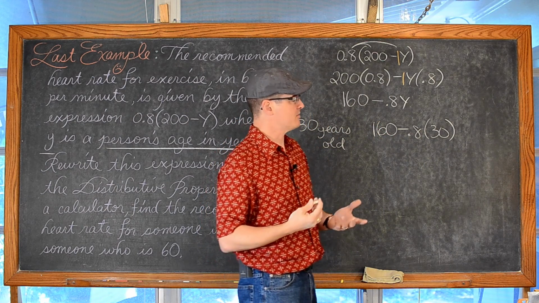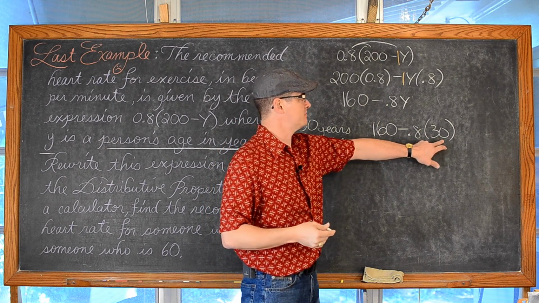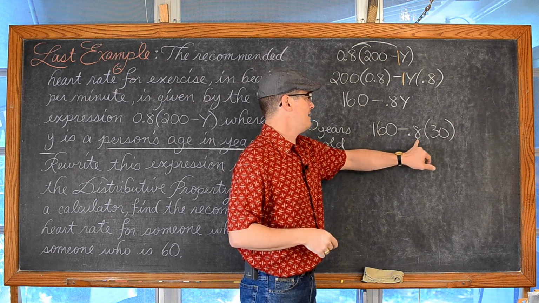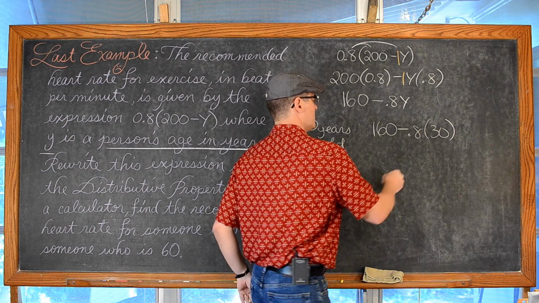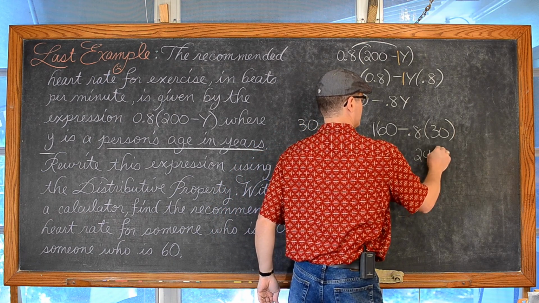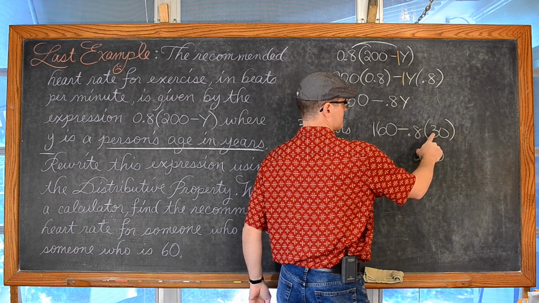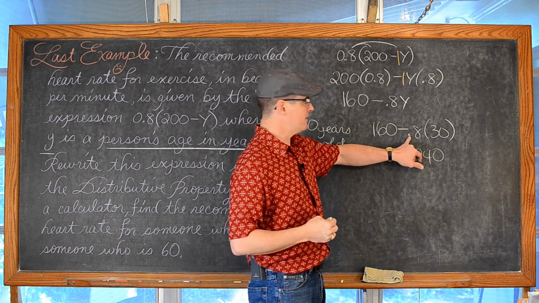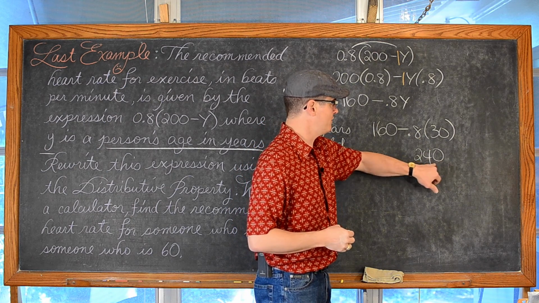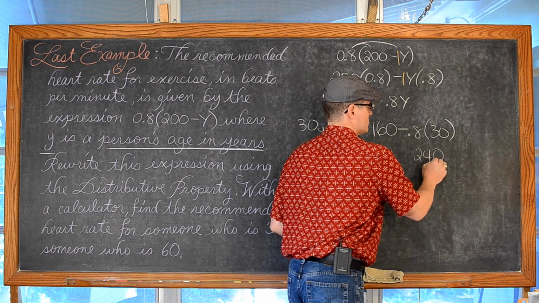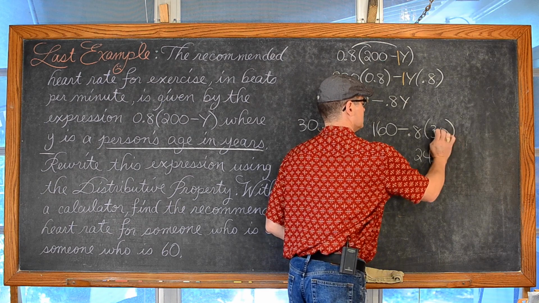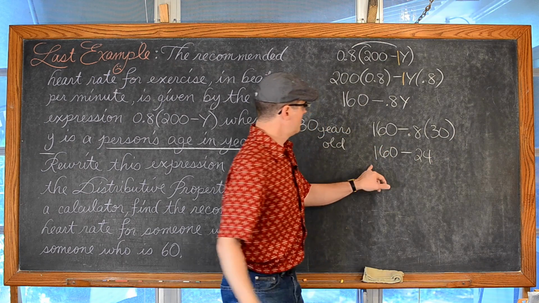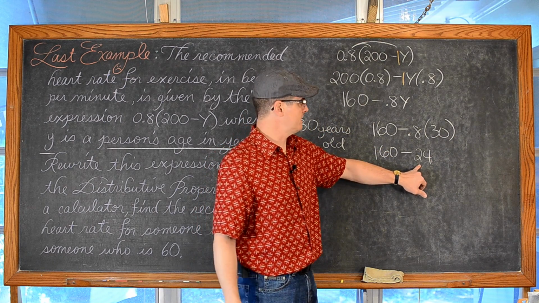Well, again, I wanted to be able to do this very easily in front of a camera, so I didn't pick like 27 years old or something like that. 30, there's a 0 at the end again. So 8 times 30 is 240, because it's not 8 times 3, it's 8 times 30, it's a tens place. But again, there's a 0.8 there, so that one decimal place means we need to move that back 1, and really it's 24. And then minus that from 160.